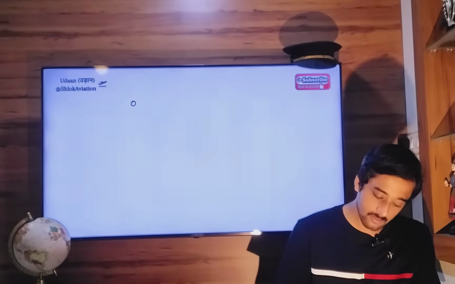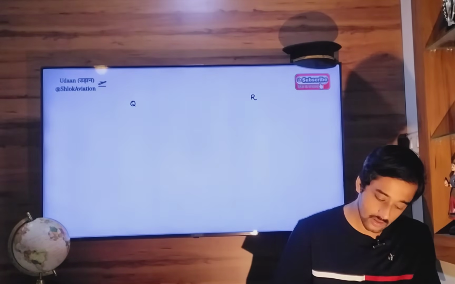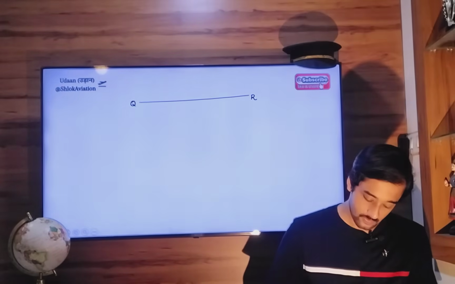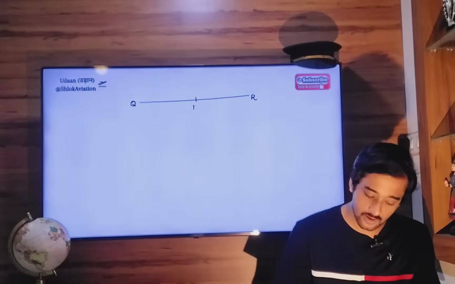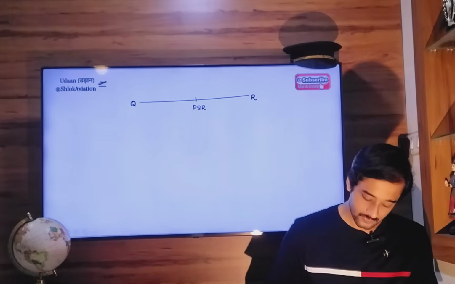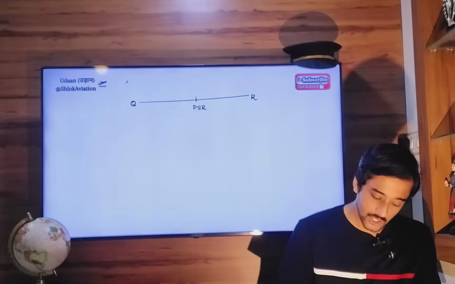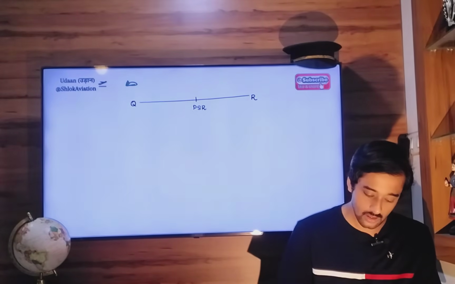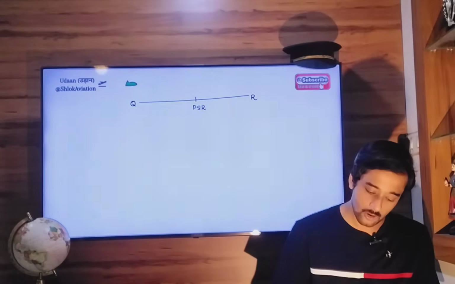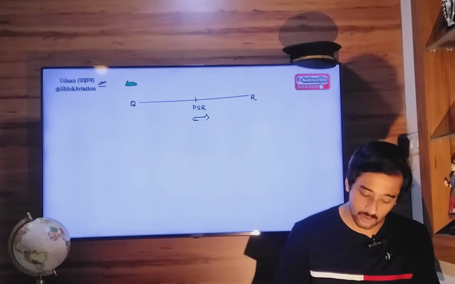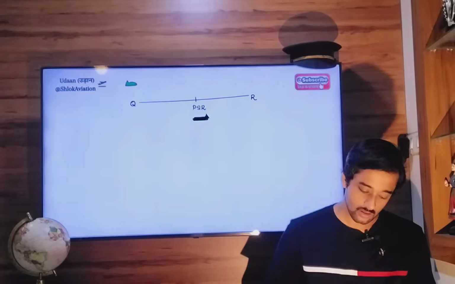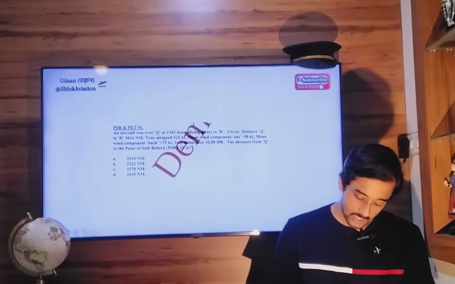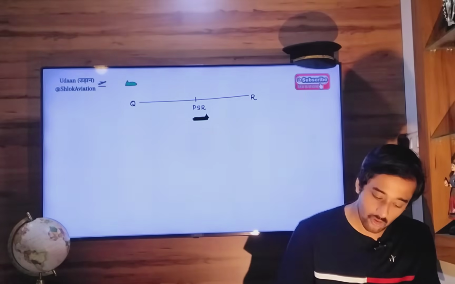So here is your Quebec, here is your Romeo. This is your point of safe return. Here is your aircraft on the outbound leg, aircraft on the homebound leg. Now on the outbound leg, a headwind of minus 90.